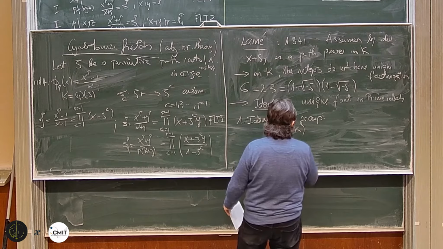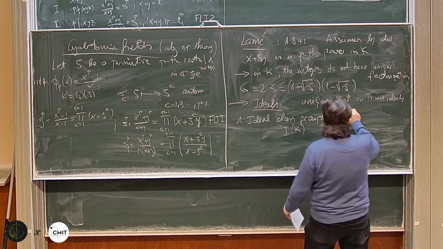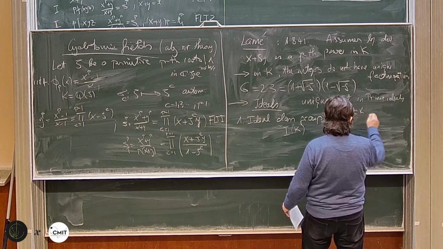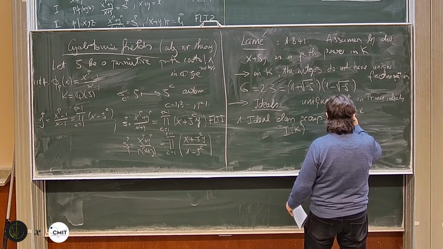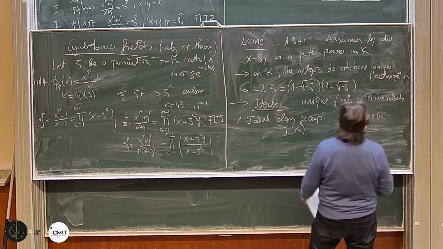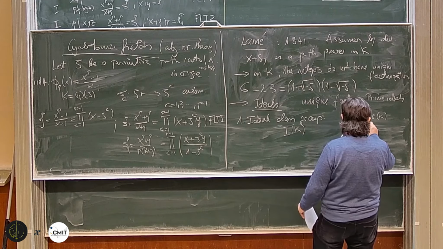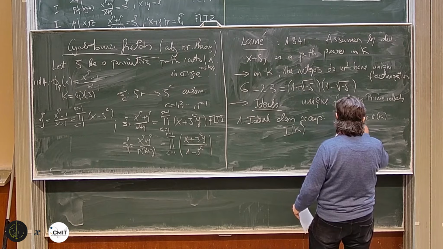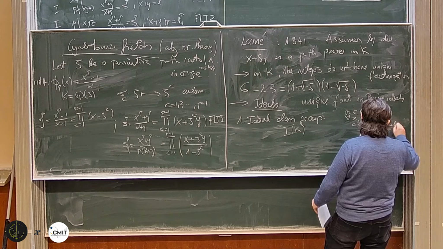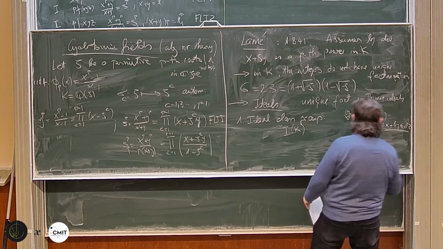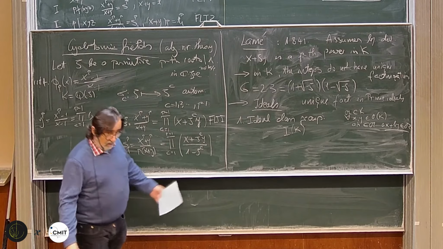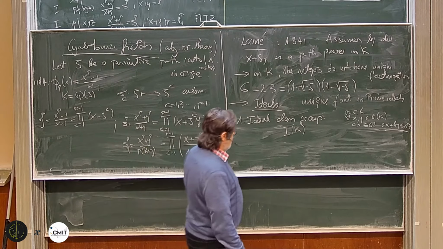Now A in K is an ideal if for every x and y in the algebraic integers of K, and every a and b in your ideal, ax plus by is also in the ideal. So they are closed under linear combination over all the integers, not just inside the ideal.